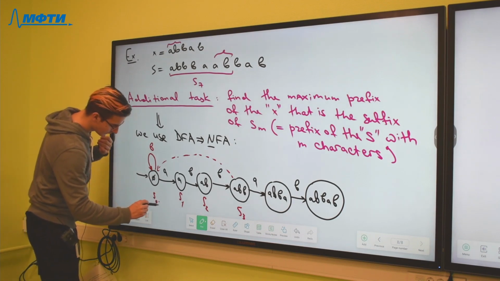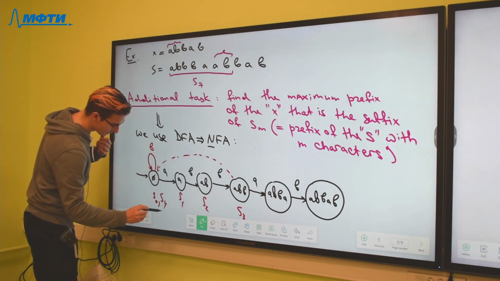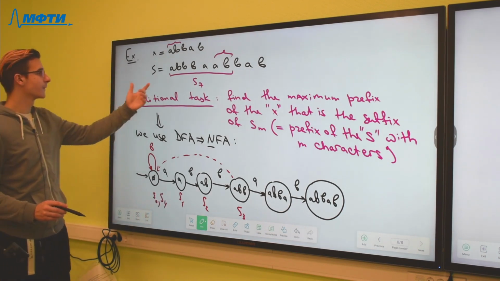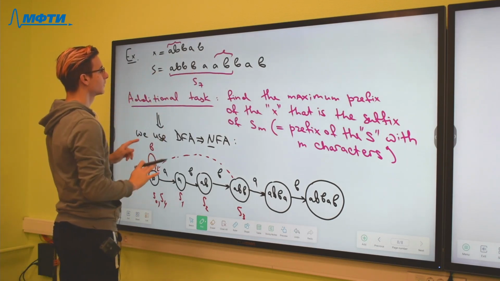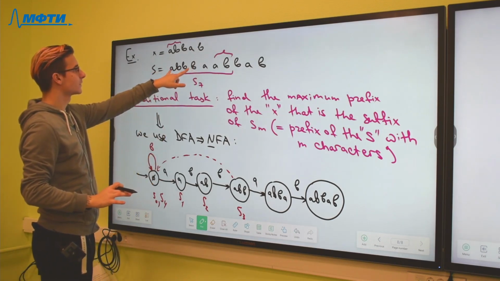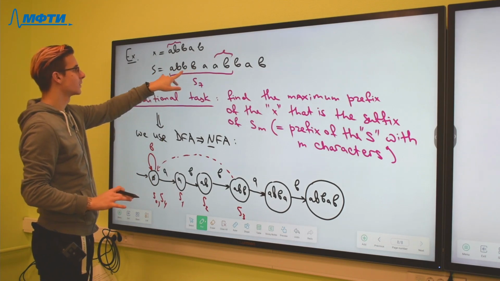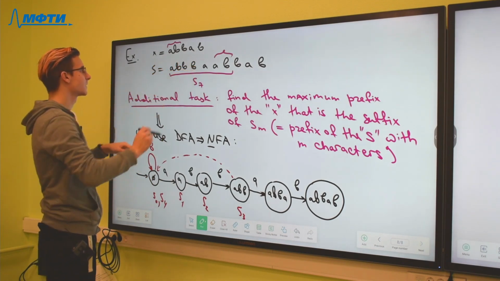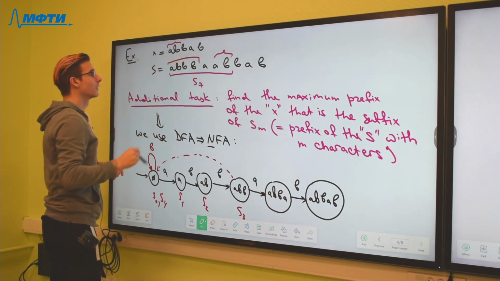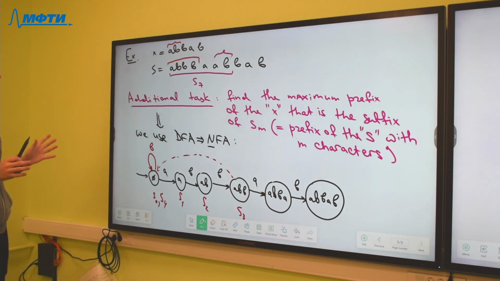So the answer for the additional task with the substring S4 is equal to 0, because there is no suffix of this substring that is equal to one of the prefixes of x.